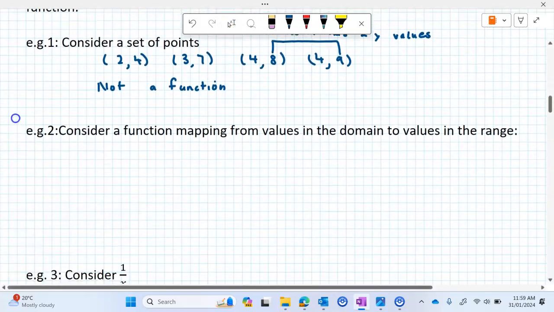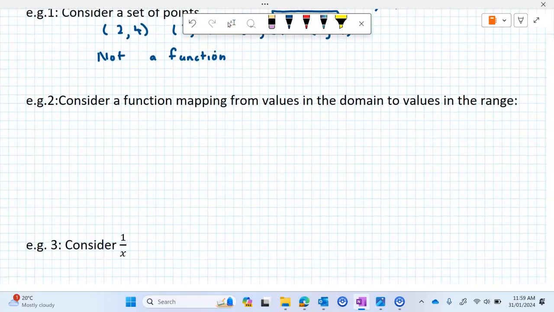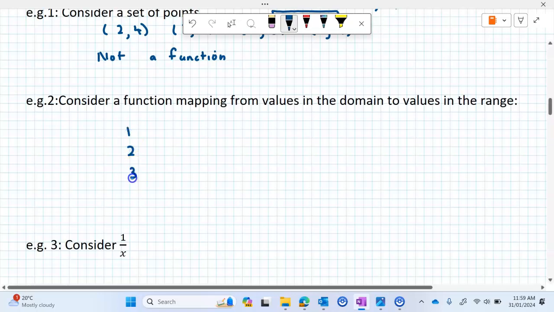Okay, consider a function mapping from values in the domain to values in the range. Here's where we draw a diagram which can help us, and you'll see this diagram a number of times. I represent my domain, call that D for domain, and here's my range.